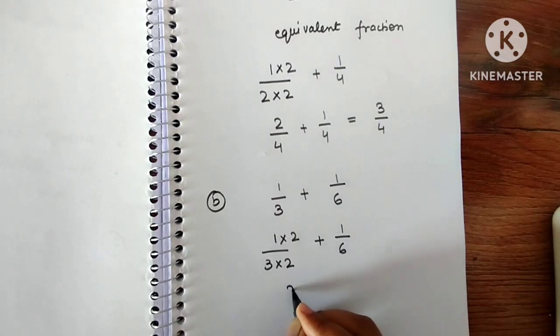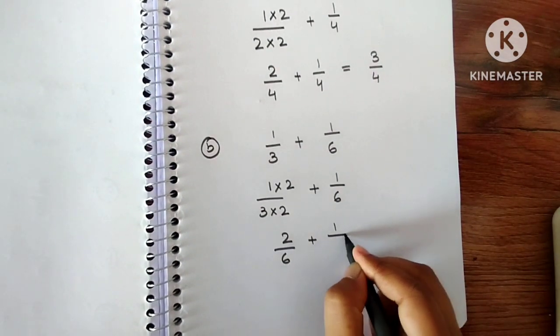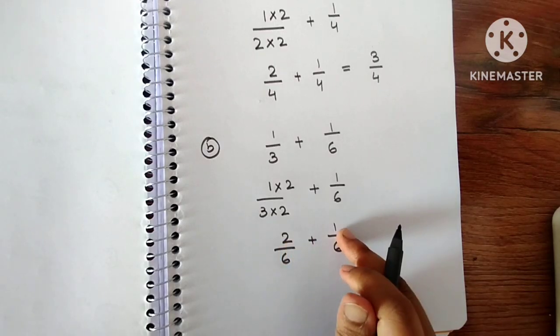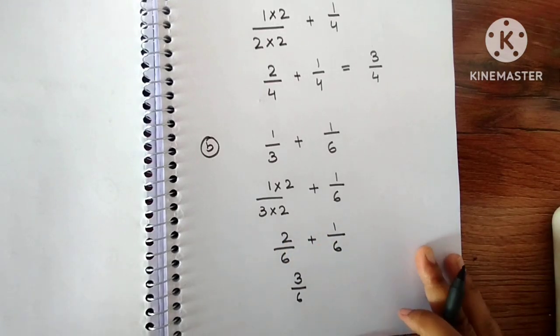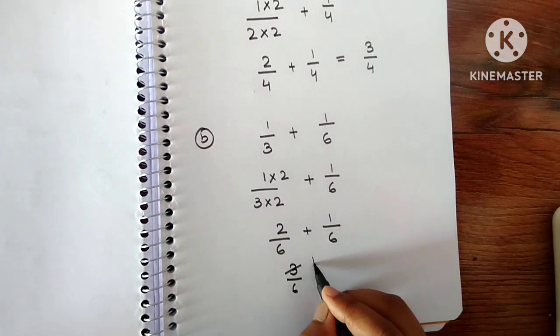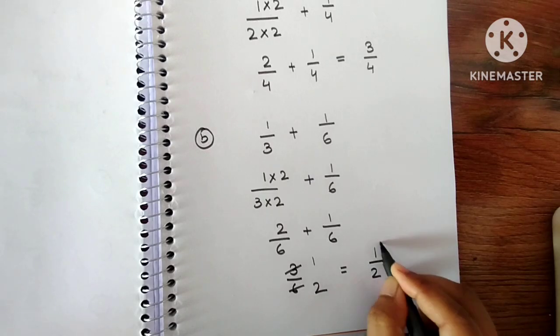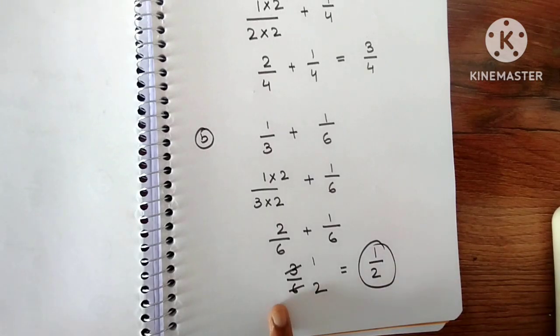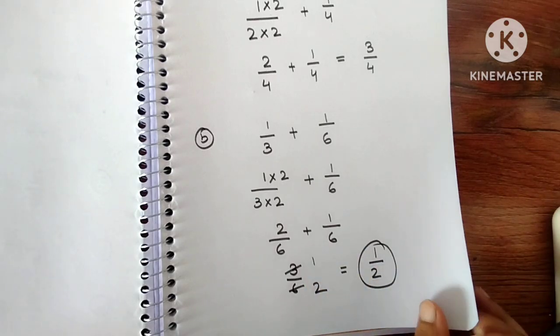So what will you get? 2 upon 6 plus 1 upon 6. 2 plus 1, 3. So that means 3 upon 6. But again, you can see 3 and 6 both are divisible by 3. 3 ones are 3, 3 twos are 6. So what is my answer? 1 upon 2. My answer is not 3 upon 6. It is 1 upon 2. Clear? So that's why simplification is very important.